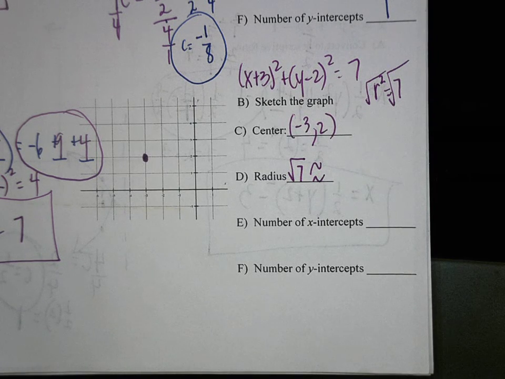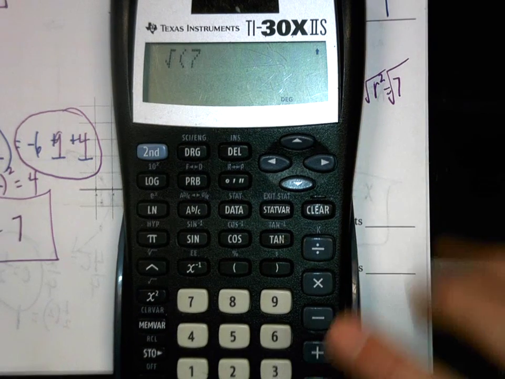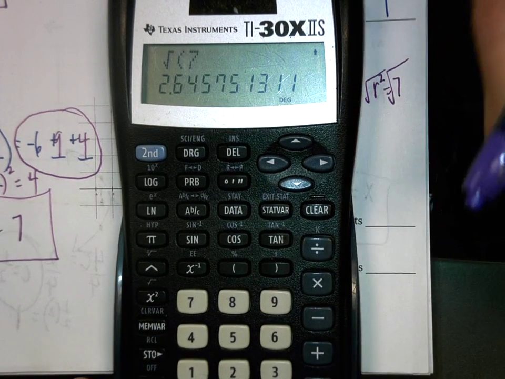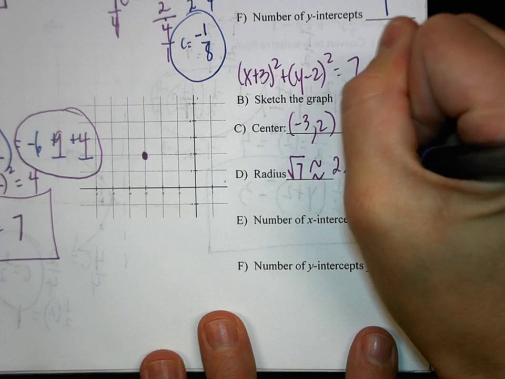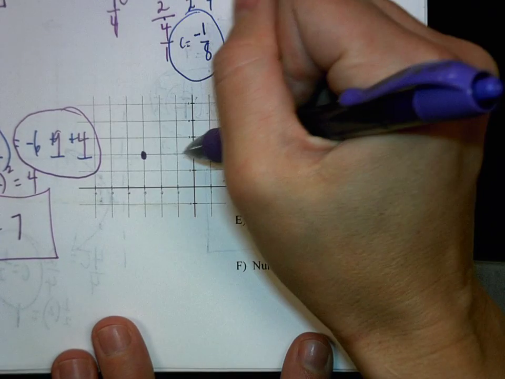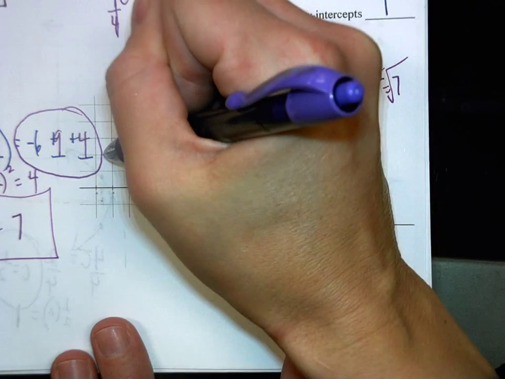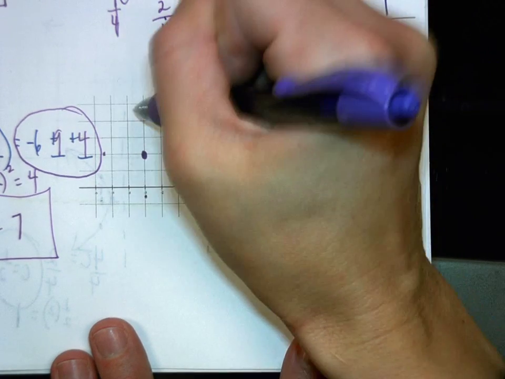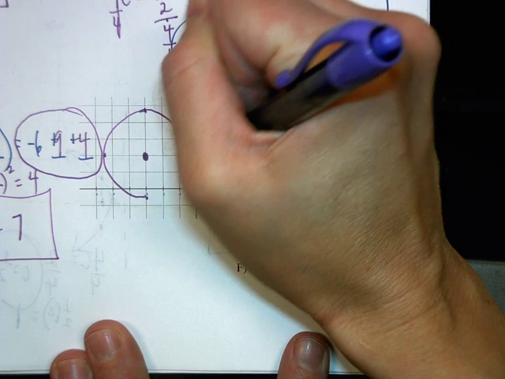But we can go ahead and figure out what it is exactly because we're going to use a calculator. And the square root of 7 is approximately 2.6. So we're going to go 2.6 in each direction. Draw our circle. Okay.